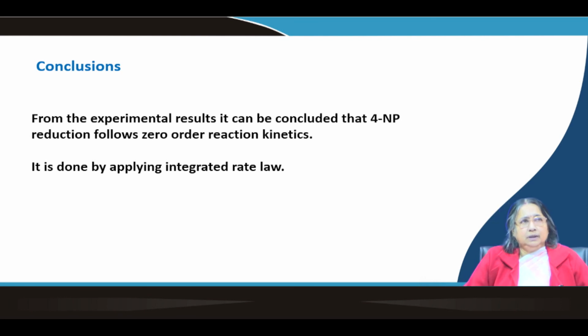And from the lectures under module 3, that chemical kinetics, you know that what do you mean by rate of a reaction, order of a reaction, how to determine the order, how to determine the rate, and what are the different methods to know the order of a reaction.